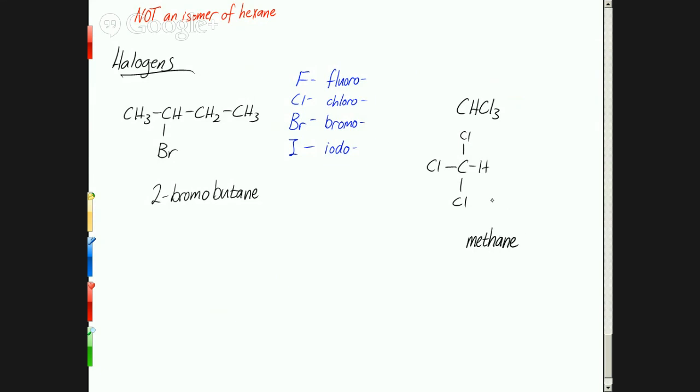Methane. Our whole chain is just this carbon, because the main chain is just the carbon chain. The chlorines don't count. So then we've got 3 chloro substituents, so we would call this trichloromethane.